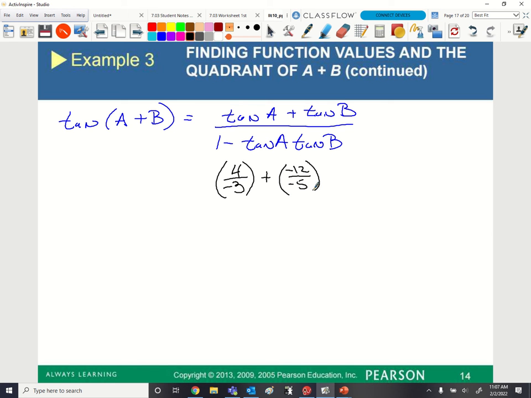The two negatives there, what's going to happen to those two negatives? It's going to make it a positive, right? So I have a negative dividing by a negative, so negative 12 divided by a negative is going to make that a positive. So I'm going to show that by changing those to a plus sign, over 1 minus tangent A, which is my 4 over negative 3, and tangent B, which is my positive 12 over 5.